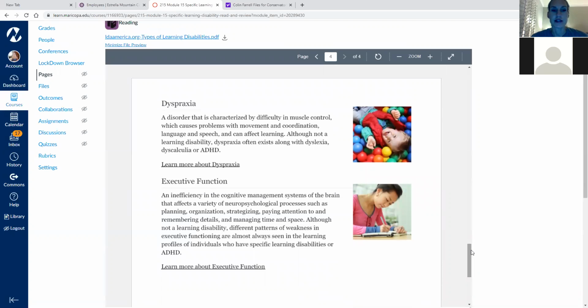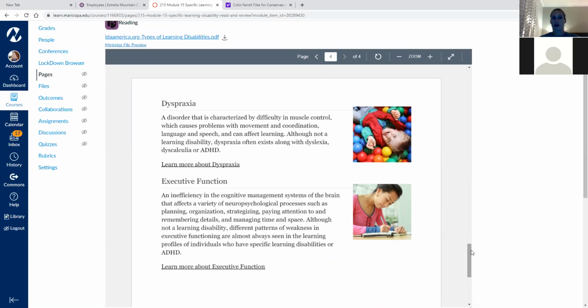So dyspraxia. There's apraxia that you've learned about. Dyspraxia is not a learning disability either, but we often see it with dyslexia and ADHD, and really what we see is problems with movement and coordination across the body. So it's not just speech wise. We call it limb, it's more whole body dyspraxia.